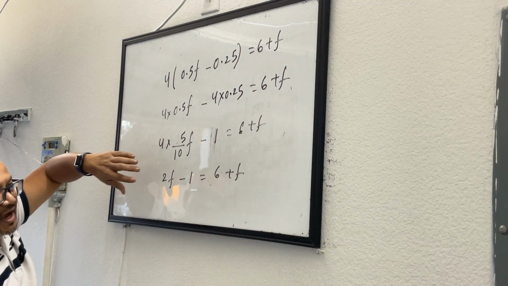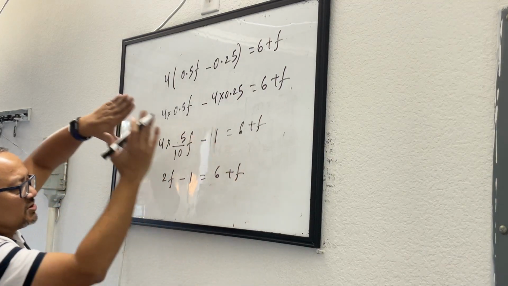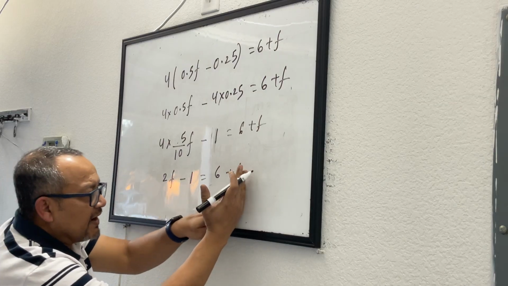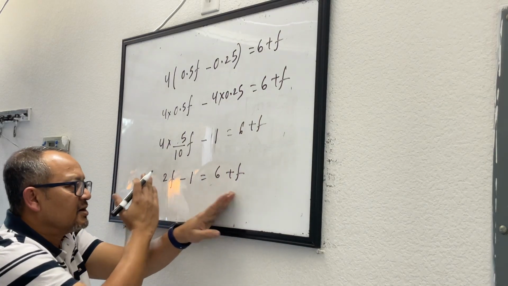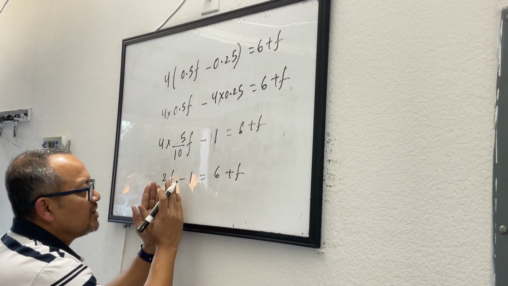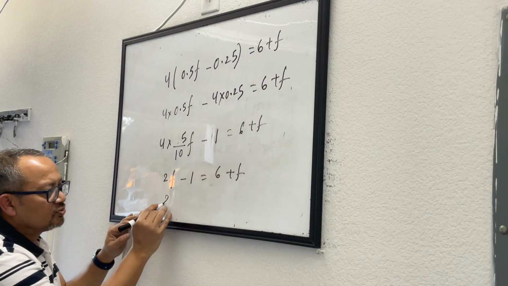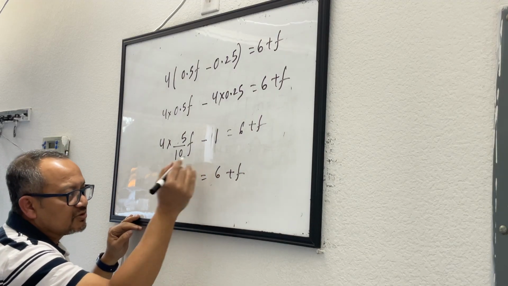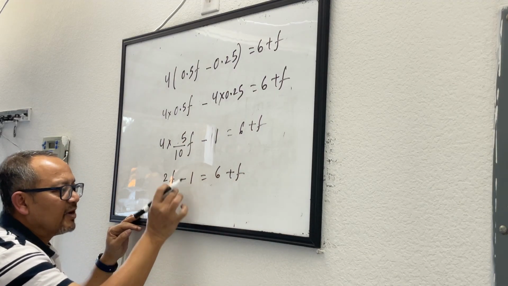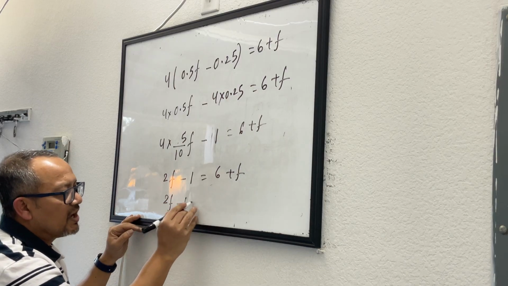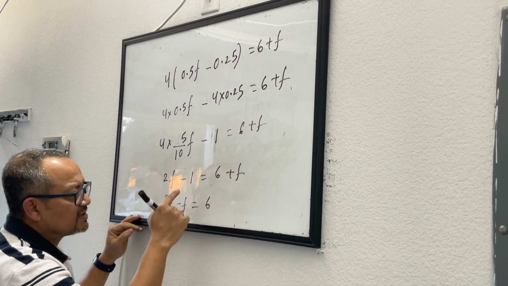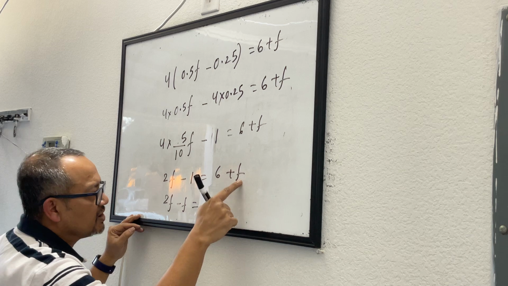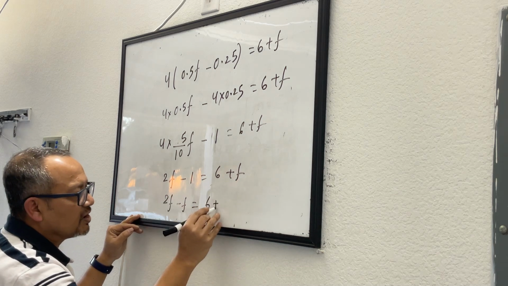What I will do is bring all the like terms together, meaning this f from here comes here, and this minus 1 from here goes to that side. So 2f, this plus f becomes minus f. And this 6 remains 6, 1 goes from here to here, minus 1 becomes plus 1.